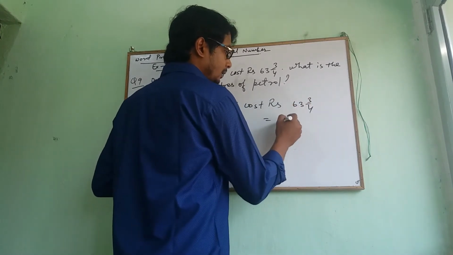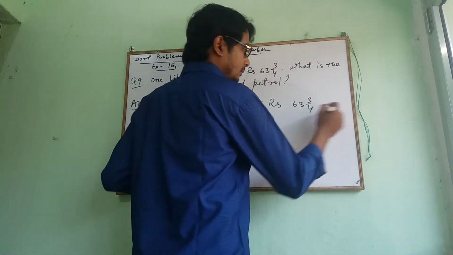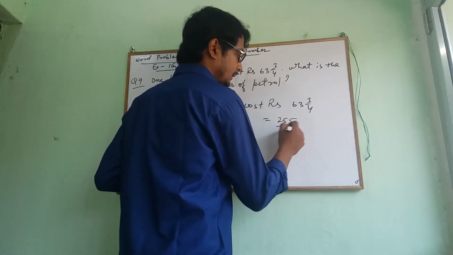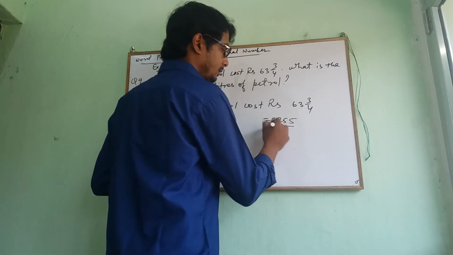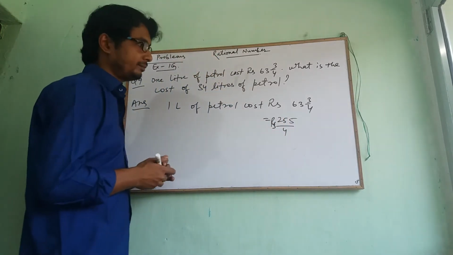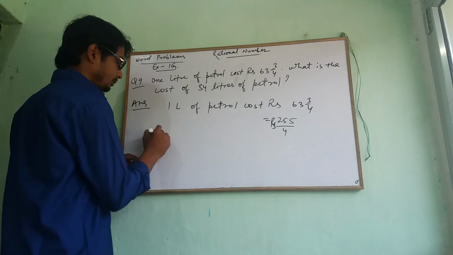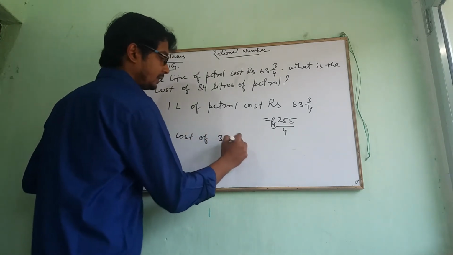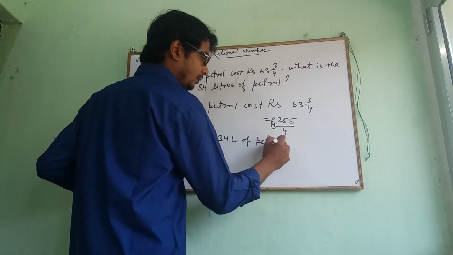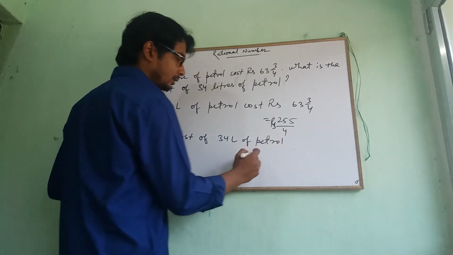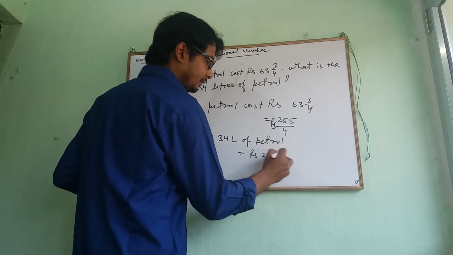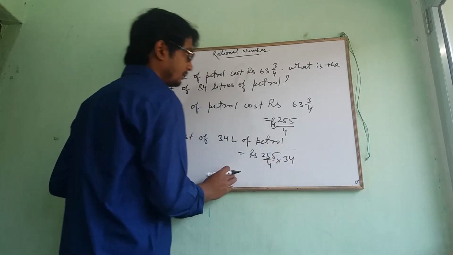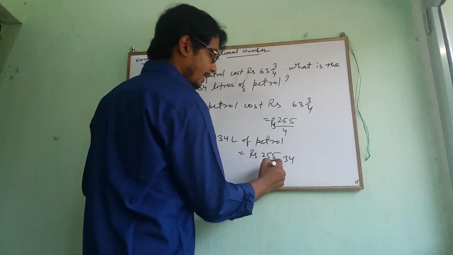That is rupees 255 by 4. Now cost of 34 liters of petrol is equal to rupees 255 by 4 multiplied by 34. So just as you can see, there you have to divide.